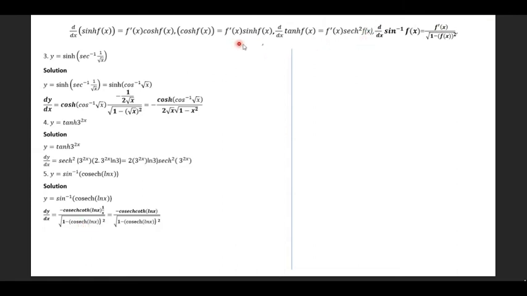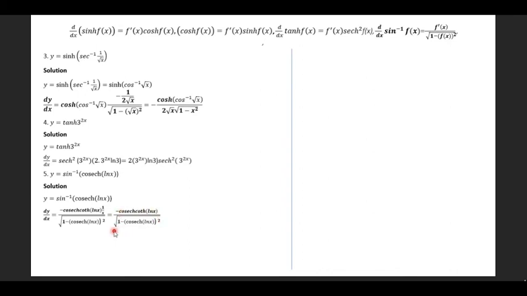The derivative of cosecant is actually going to be negative cosecant cot of the same thing, and then times the derivative again of what is inside, which is 1 over x. And then you can simplify this.